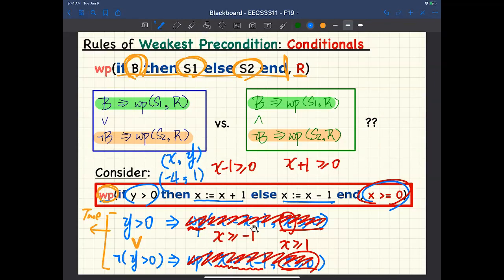What's going to happen here? I'm giving you this particular example here. Y is 1 and X is minus 4. Is the overall WP going to be true or false? Are you sure it's false? Are you sure?